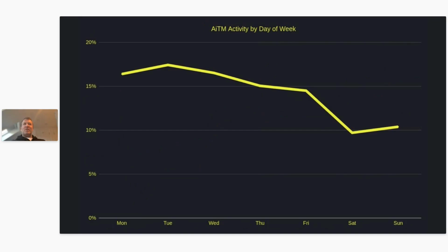We then thought, well, is there any correlation on days of the week? The days of the week that were busier than others. And I don't know, you look at the numbers and yeah, the beginning of the week looks a little bit busier. I think something we can definitely say is the weekend is quieter. Perhaps that's because for some operators, this is a bit of a 9 to 5.